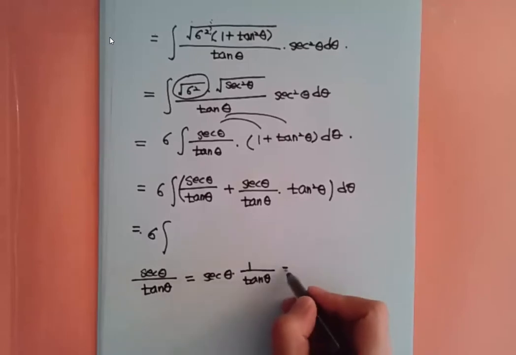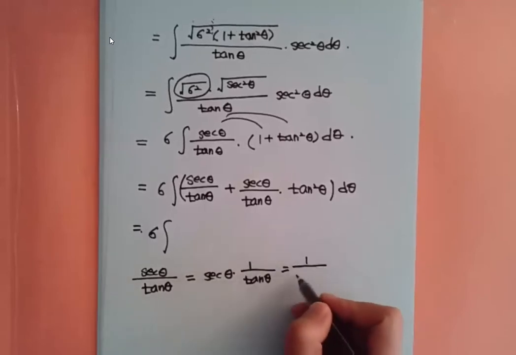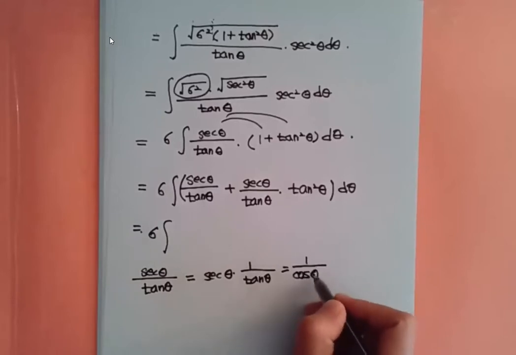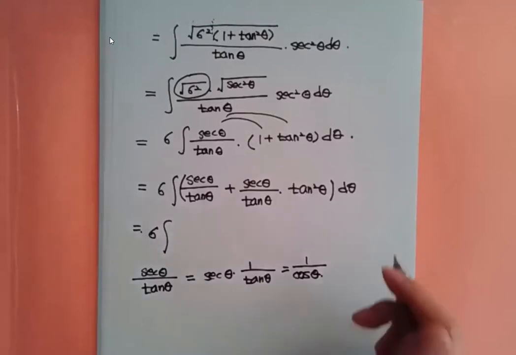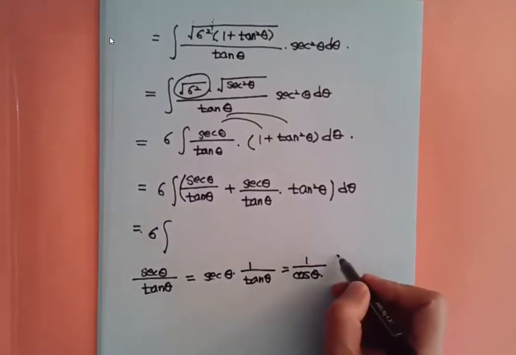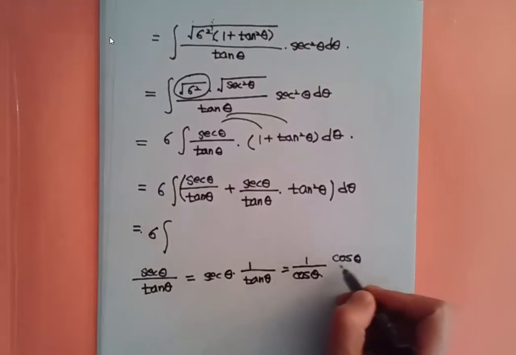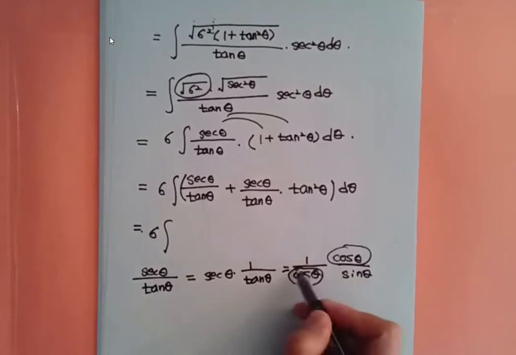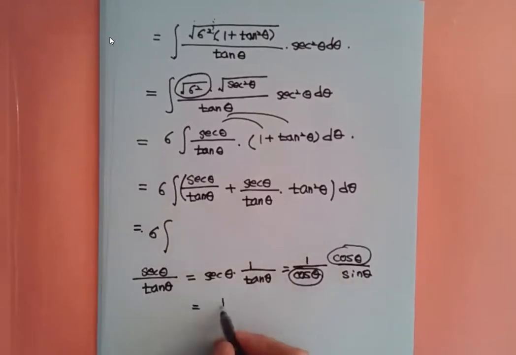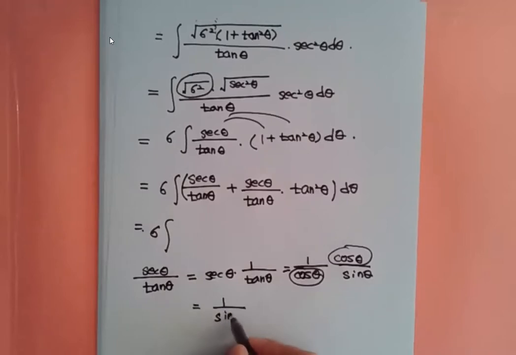Secant of theta is a reciprocal, 1 over cosine of theta, and 1 over tangent is cotangent, that is cosine of theta over sine of theta. So these two cancel each other, and we have 1 over sine of theta, which is cosecant of theta.